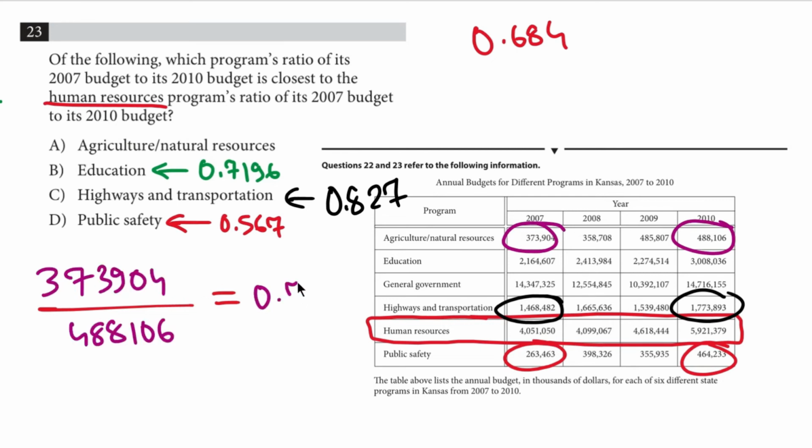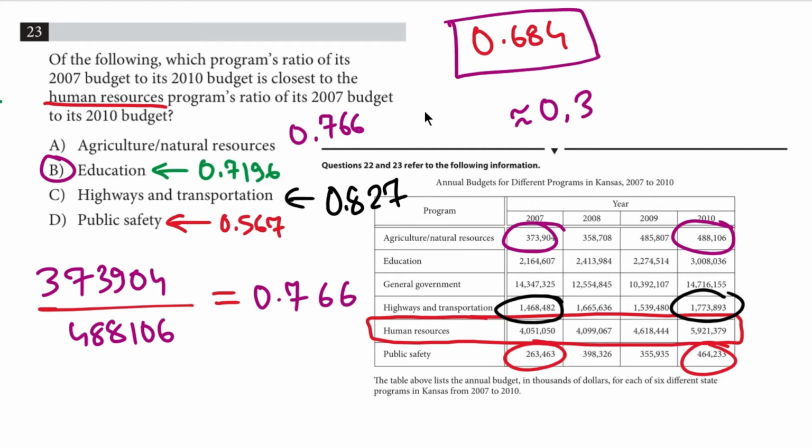And that division yields 0.766. So now we have to ask ourselves which one of these is the closest to 0.684. And of course, if you compare each one of them one by one, you will see that education differs by only around 0.3, and therefore it is the closest to this number. So choice B is the correct one.